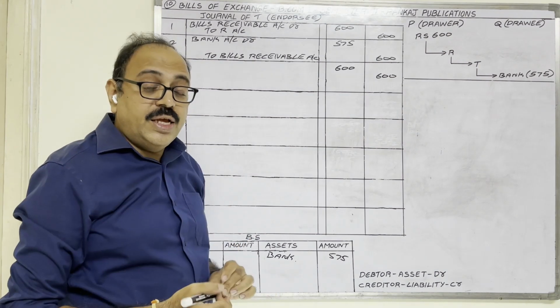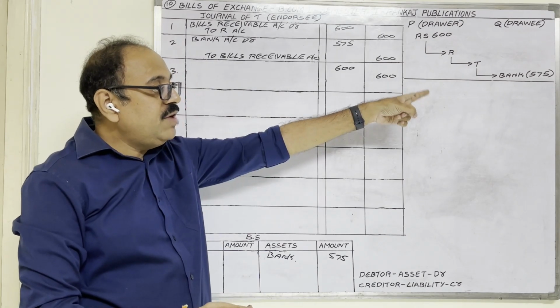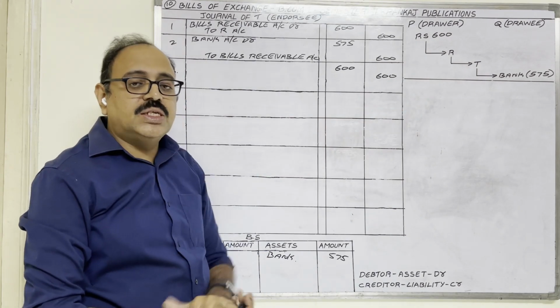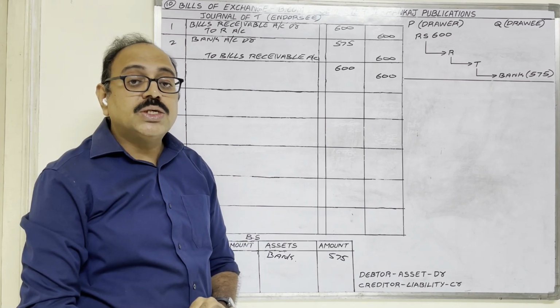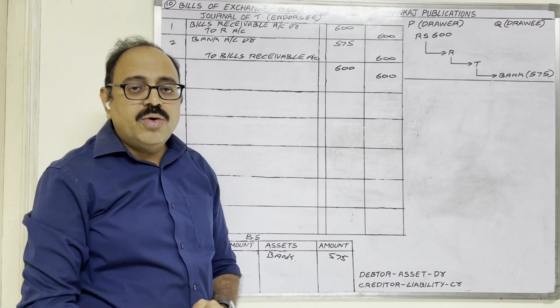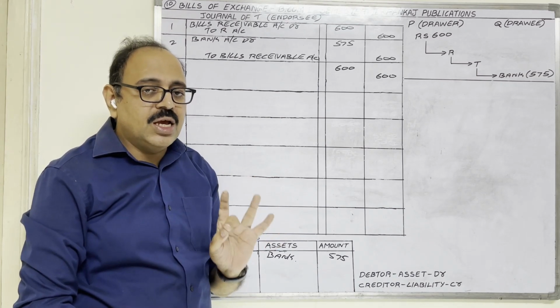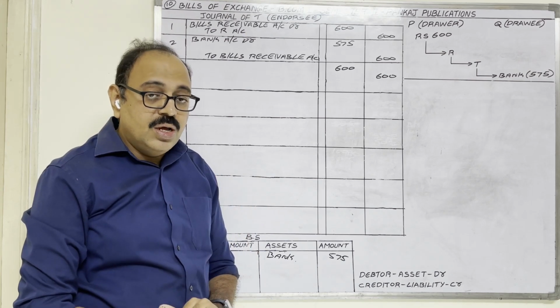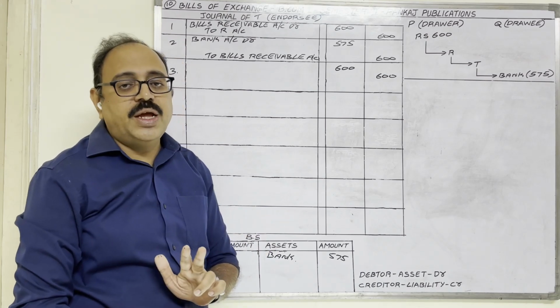Both are correct. Next, we are losing 25 rupees now. Instead of receiving 600 from bank, only 575 is coming. So that 25 rupee is a loss known as discount allowed. So discount allowed account is a nominal account because expenses, losses, incomes, gains come under nominal account. Nominal account rule, debit all expenses and losses, credit all incomes and gains.